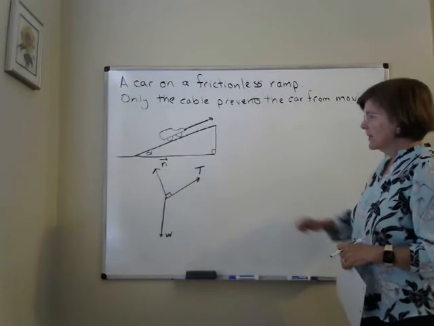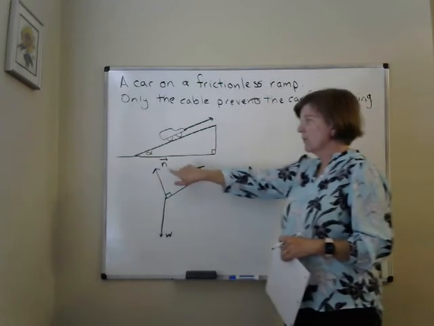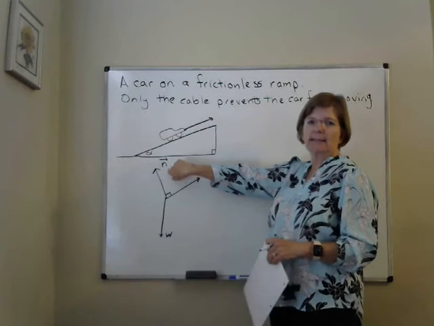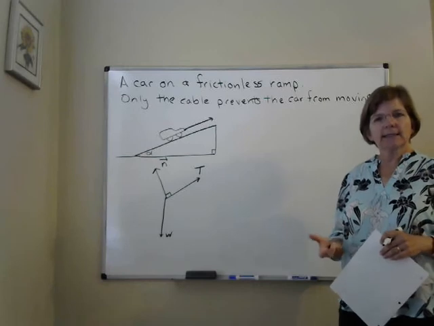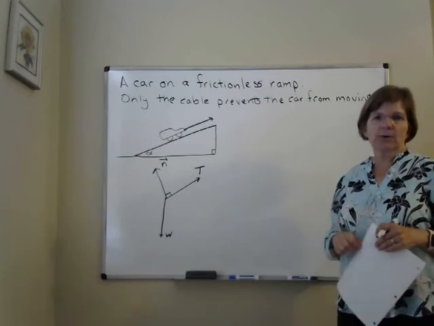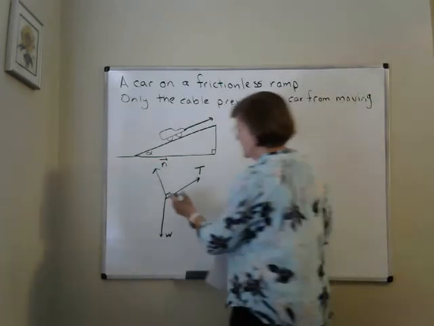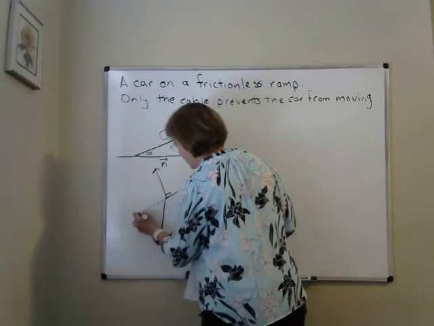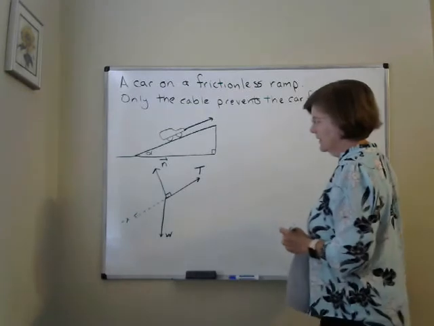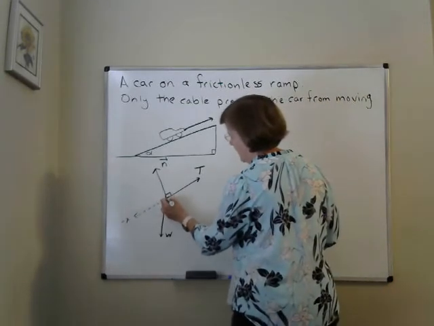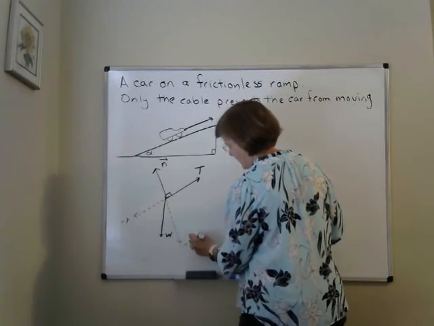You'll notice that means the tension points in the positive x-axis direction, and the normal force is in the positive y-axis direction. 2 of our vectors are already lying on this axis, so it's the correct coordinate system to use, the one that's going to make things easiest. If I continue this, that would be the negative x direction, and this direction would be the negative y direction.